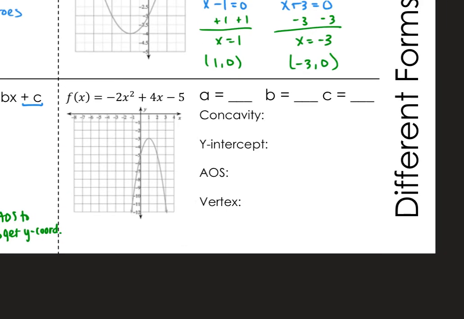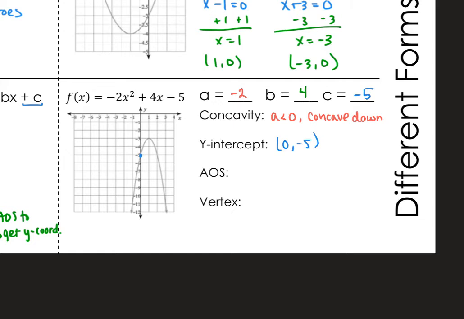All right, so f of x equals -2x squared plus 4x minus 5. So a is -2, b is +4, and c is -5. So starting with concavity, since a is less than 0, it's concave down. My y-intercept is 0, c, so it's going to be 0, -5, which we can see here from our graph.